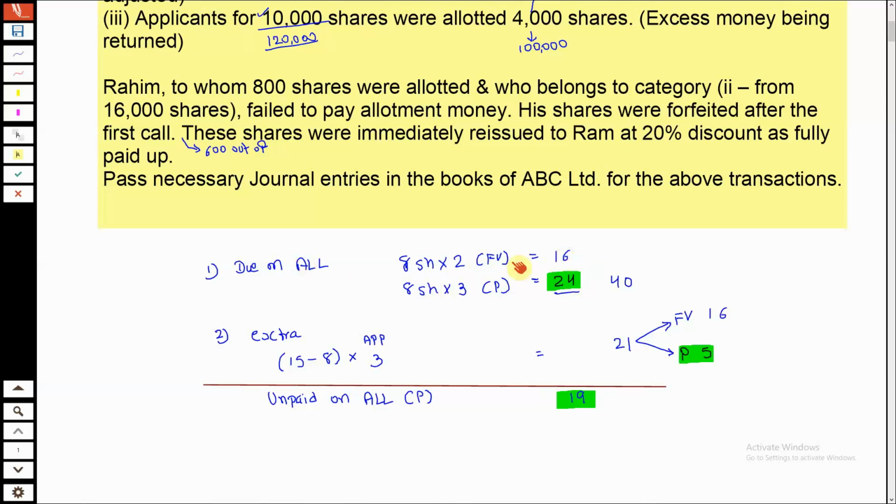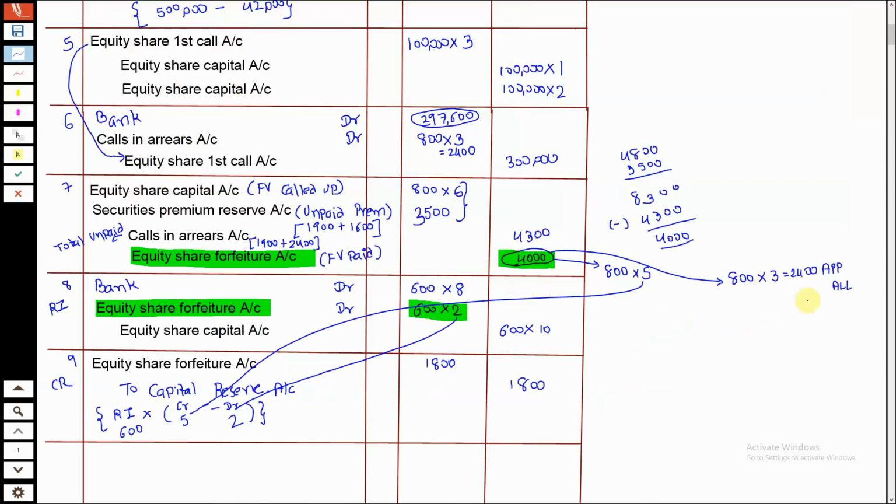Okay, allotment की face value is also paid. So 2 zero extra add करने, क्योंकि 2 रुपये का है, रहीम के 800 shares हैं, तो 1600 face value allotment की मिल गई है. तो I will write here 1600. So total when you do, तो you will get 4000. So I hope you are clear about the question.